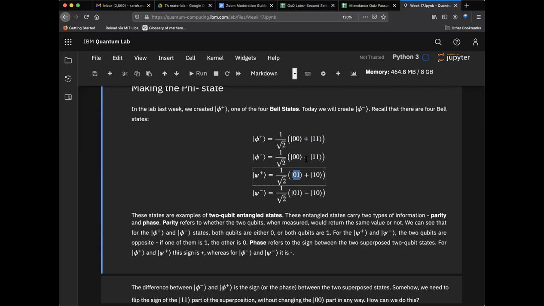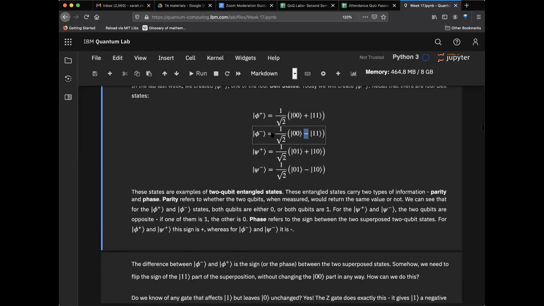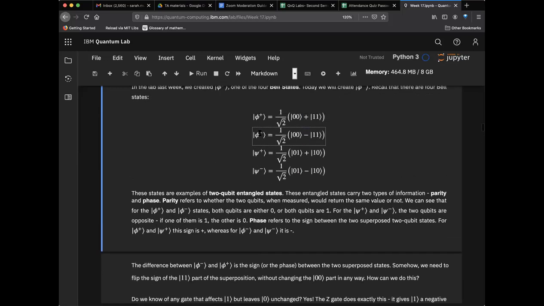The other number is your phase, which is whether you have a plus or a minus between the two. So this is a 0 phase, and this is a pi phase. And it's just the relative phase between the 2 qubits. So it would also tell you whether these would constructively or destructively interfere. This is easy to tell because it's denoted by the plus or the minus sign in the state definition.